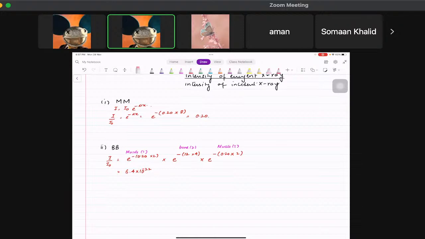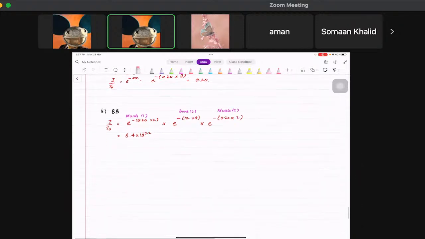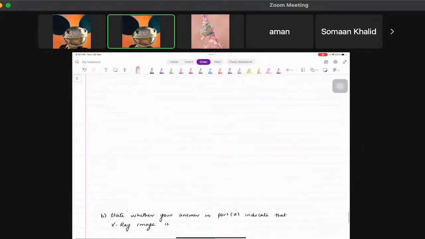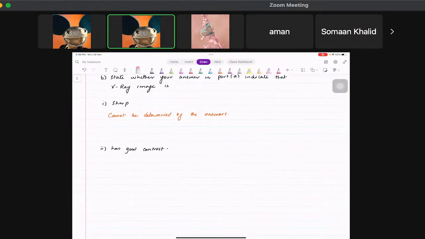So if there is a large difference between absorptions or fractions, then we say yes, because a major absorption occurred in the bone area. So there is a lot of difference, that's why. Is that clear, everybody?